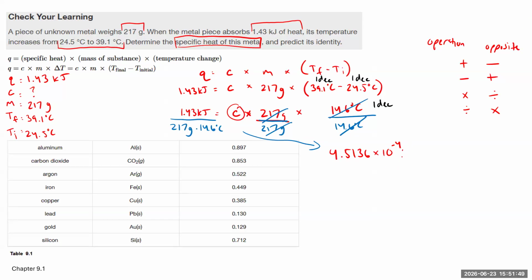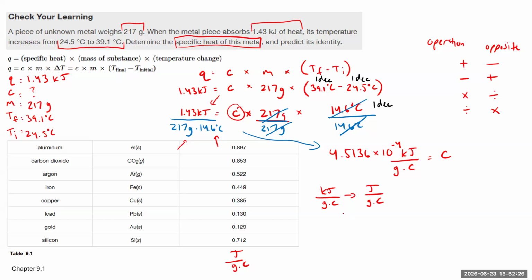Let's do units now. Kilojoules, because we still have the kilojoules. We have grams and we have Celsius, over grams Celsius equals the heat capacity. We don't know what metal it is. But the units for this is in joules per gram Celsius. So we need to go from kilojoules per gram Celsius to joules per gram Celsius.